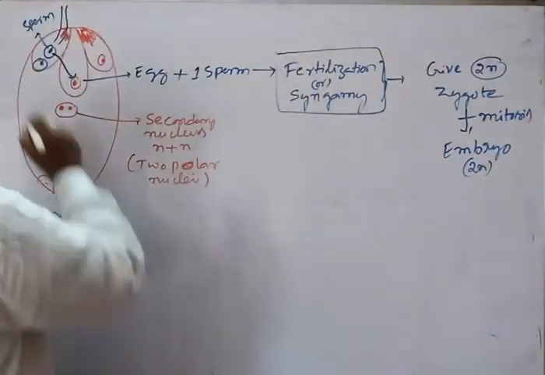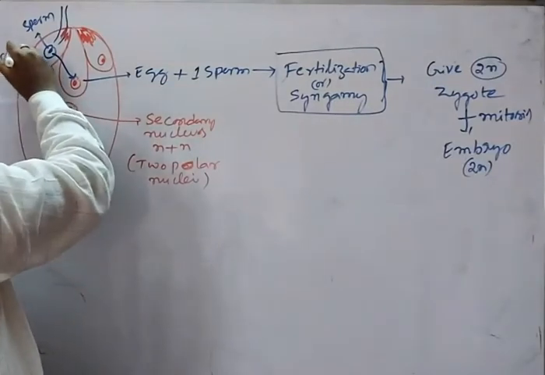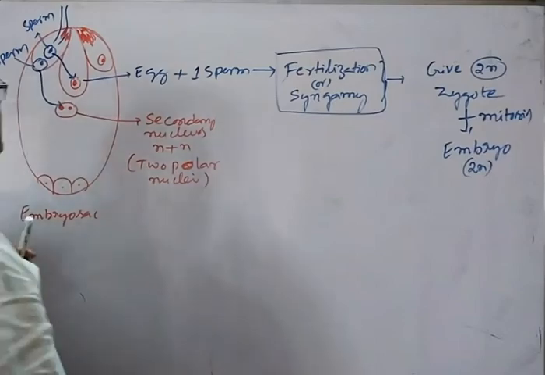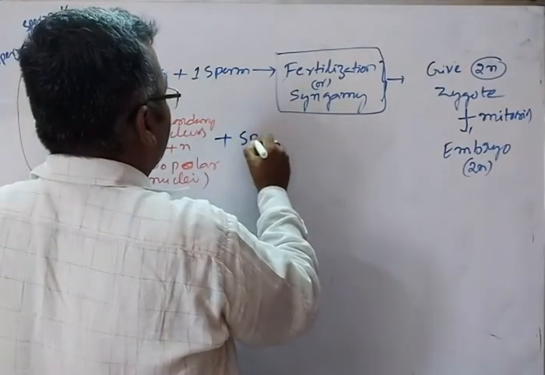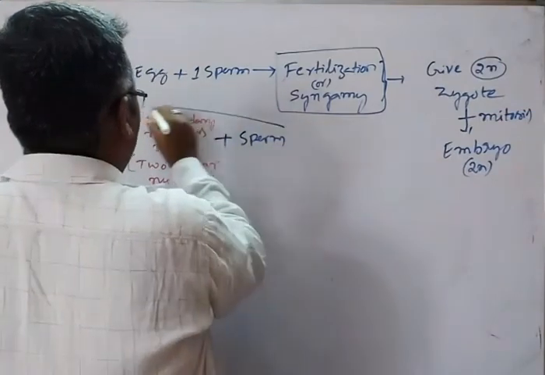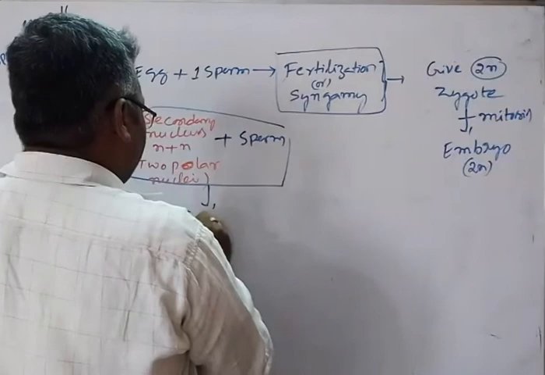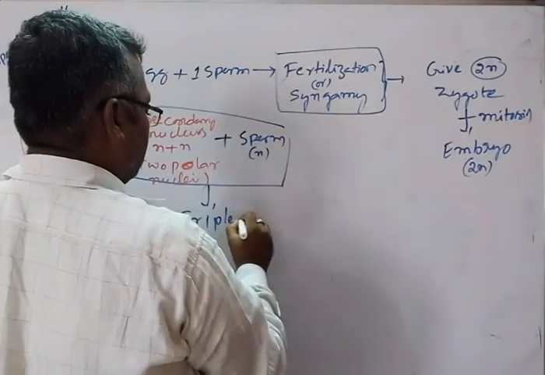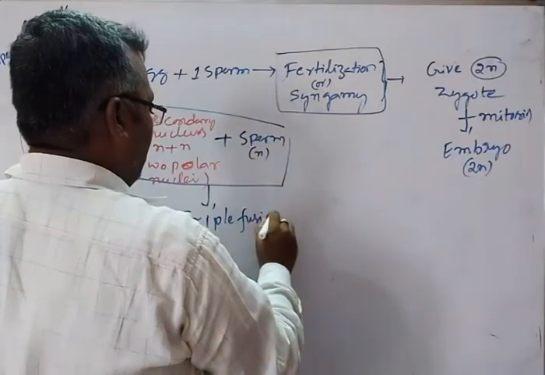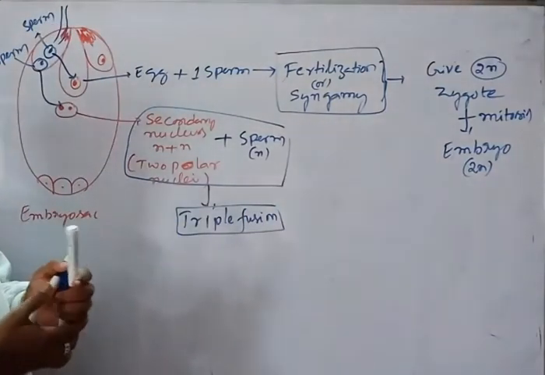Next, the second sperm will fuse with whom? The secondary nucleus. So secondary nucleus plus sperm is called triple fusion. Why is it called triple fusion?